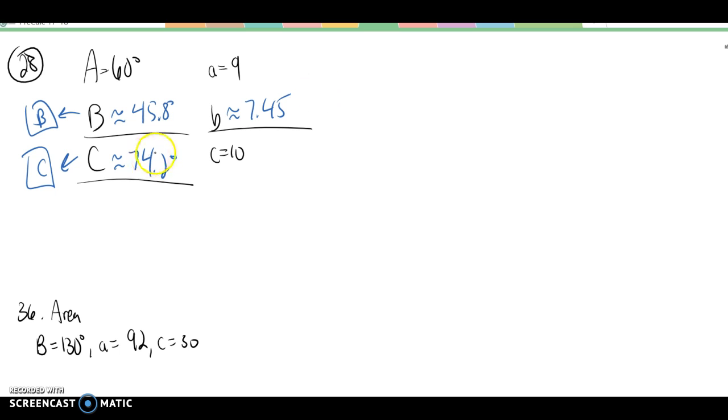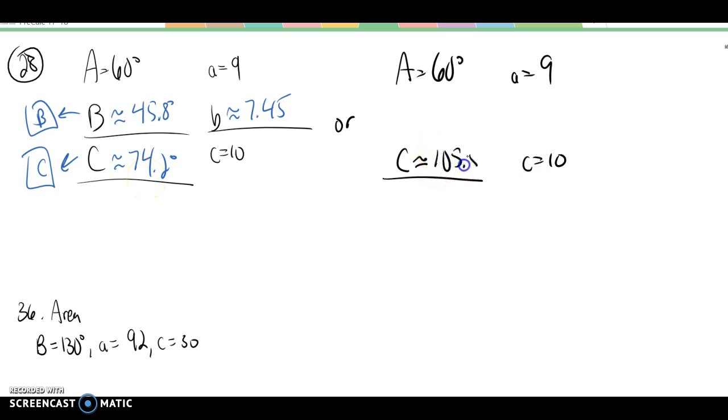To see if there's a second solution, we're going to take 180 minus C to see the other potential answer for that one. And it says that C could be about 105.8 degrees. That's the supplement to this one. If we look at what's already given, at 60 degrees, that 105.8 plus the 60 is still less than 180. So there's something left over for angle B, which means there is another whole triangle. And in the second triangle, A is still 60, little a is still 9, little c is 10, but our new angle C, the 180 minus the 74.2, is 105.8 degrees.